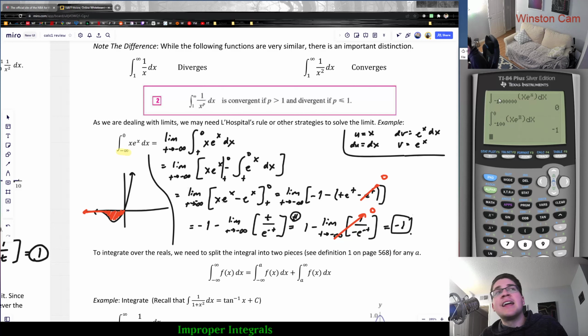Kind of interesting that it just gave 0. I actually have no idea why that came up with a 0. But it's obviously not a perfect system for calculating the area to infinity for some reason. I don't want to get into how a graphing calculator calculates such an integral. We can even try going to 1,000.